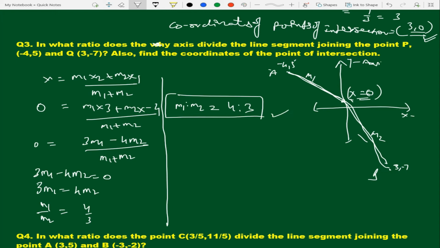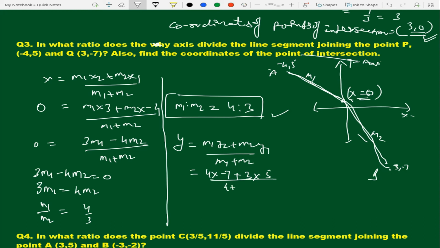Now for the coordinates of the point of intersection, here y coordinate will be (m1 y2 plus m2 y1) upon (m1 plus m2). Clear? So m1 is 4 and y2 is minus 7, plus m2 is 3 and y1 is 5, upon m1 plus m2, means 4 plus 3.